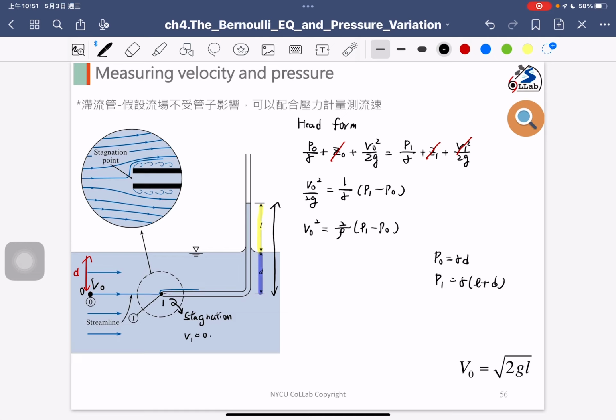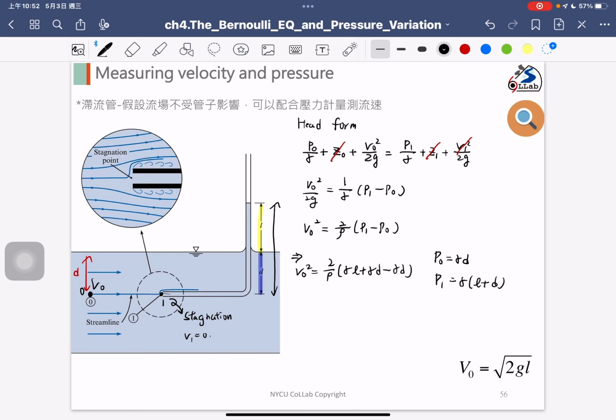So in the equation here, you have V0 squared over 2 over rho, and you have P1, which is gamma L plus gamma D, minus P0.